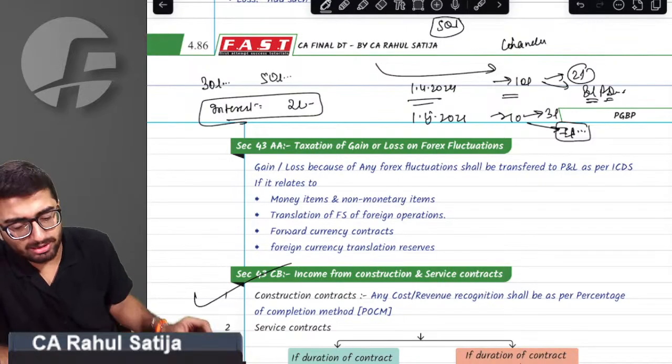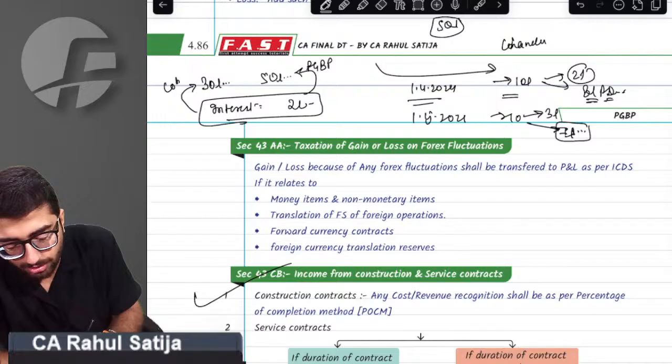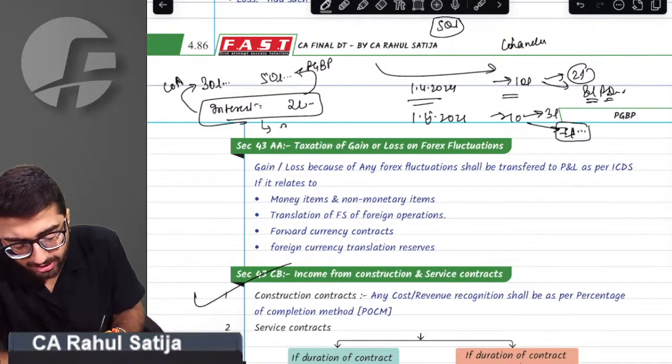My question to all of you is whether this interest income shall be charged to PGBP, whether such interest income shall be reduced from cost of acquisition, cost of asset, or such interest income shall be treated as income from other sources.